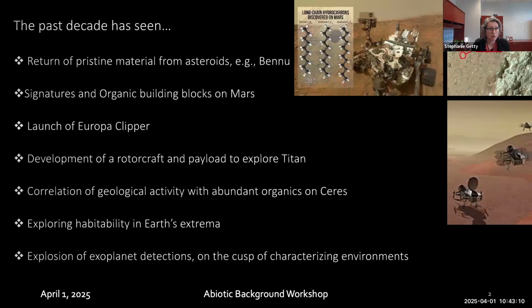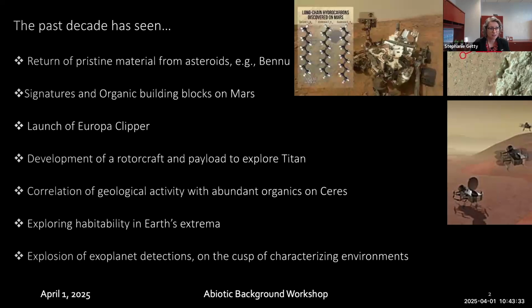And of course, that's complemented by the Hayabusa missions that also returned asteroid samples, and comparisons in the lab between our meteorite databases and what we're seeing from these return samples is really enriching our understanding of the early solar system.